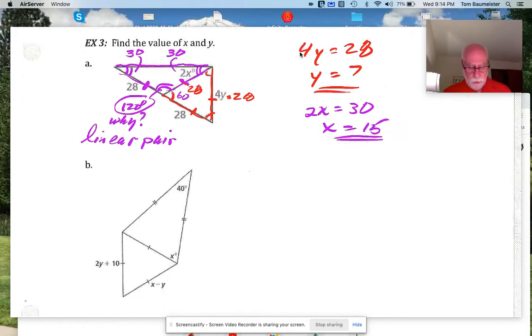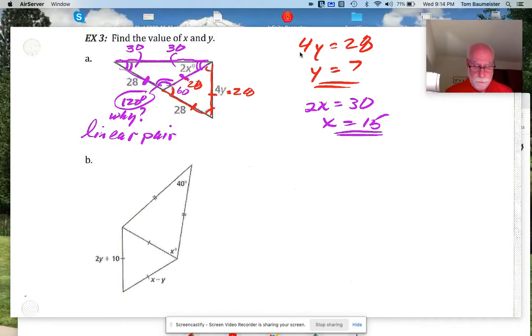All right, so let's see here on these ones here. So on part B, our last one, with this angle here, and let's use a different color this time. This angle here is 40, all right? We know that this side and this side are the same length. It's different than this side right here.